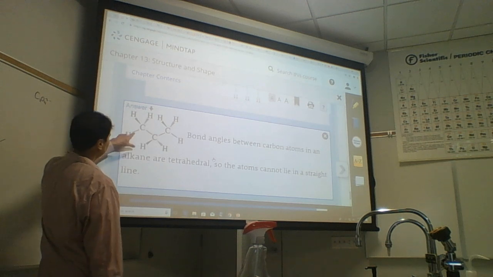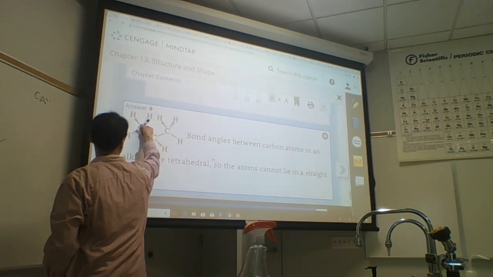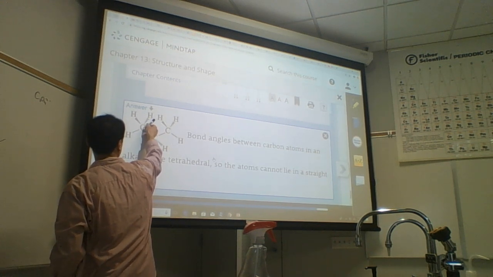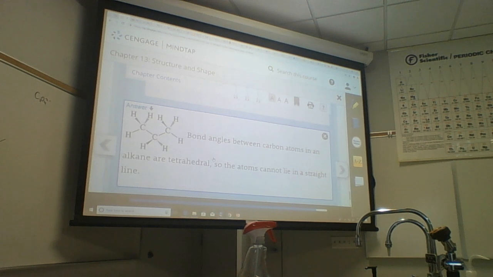I drew my first carbon differently, with one hydrogen pointed straight up. What they did is they just rotated this CH3 group so that the hydrogen is now on the plane here. We can rotate this one so the hydrogen goes on the plane. So it looks a little different than what they have, but it's okay. Those are called conformations.